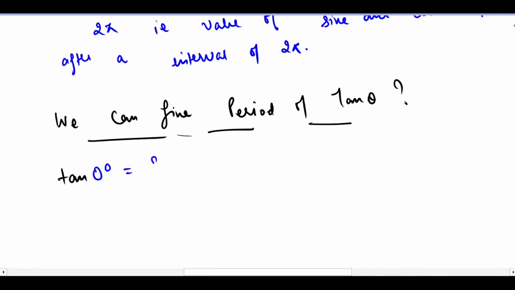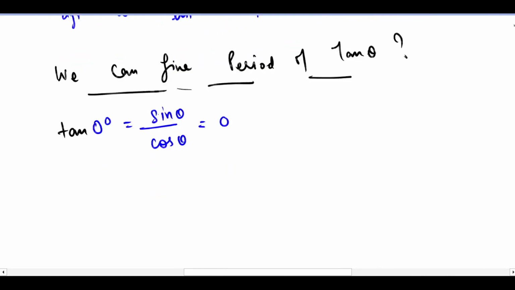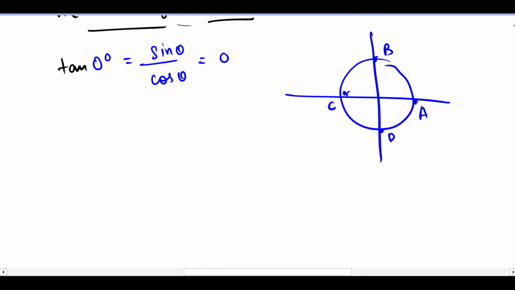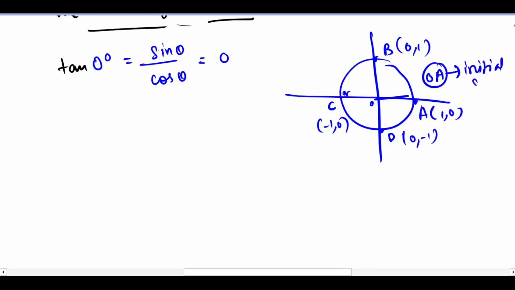Tan 0 is sine 0 upon cos 0, which is equal to 0. So here is the coordinate system. Again we plot A, B, C and D, where the coordinates are (1, 0), (0, 1), (-1, 0) and (0, -1). OA is the initial side, meaning theta is 0.